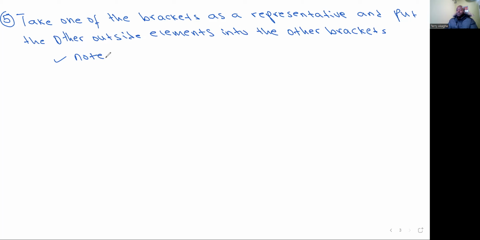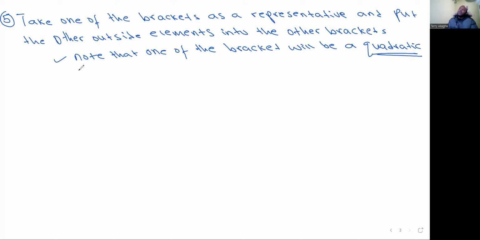So you have to know that one of the brackets will be a quadratic equation. So the keyword is going to be a quadratic what? Equation. When you're done with step 5, step 6, you then factorize the quadratic equation.